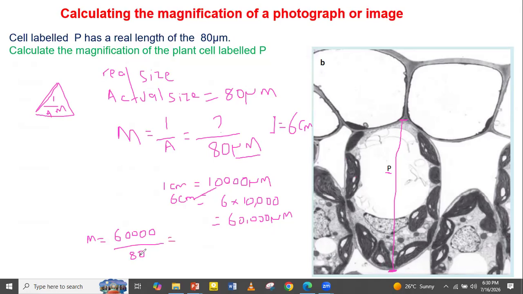Do the math with your calculator. What answer do we get? Let me also get my calculator. So I have 60,000 divided by 80. My answer is 750.